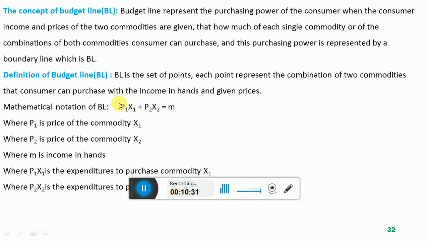P1 multiplied by x1 represents the amount that the individual spent to purchase x1 units of commodity 1, and P2 x2 represents the amount that the consumer spent to purchase x2 units of commodity 2.